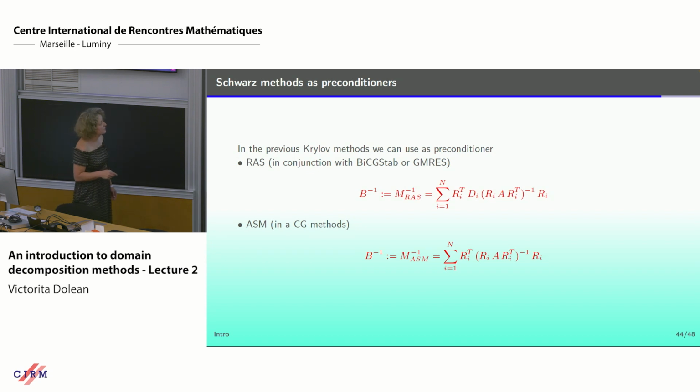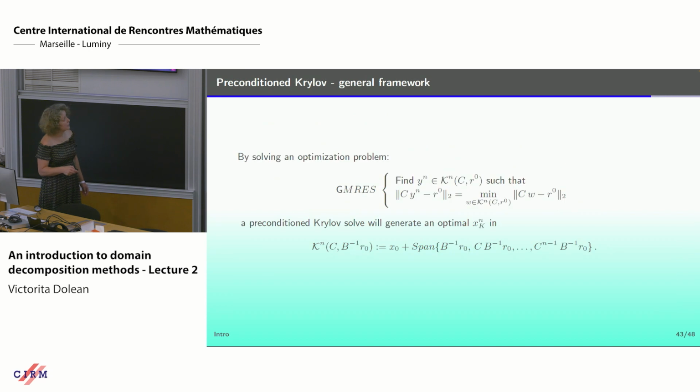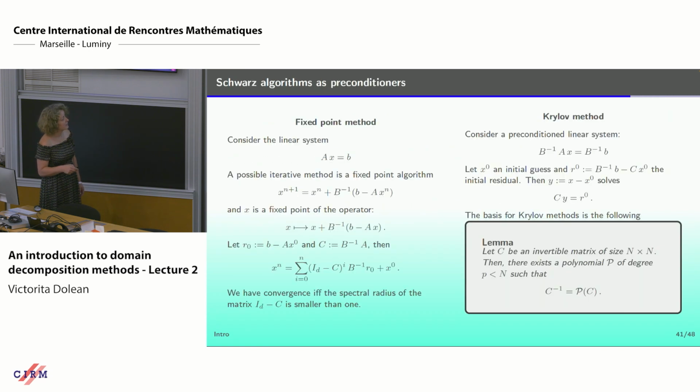So now, if I go back one second, I try to go slowly. If you look at this fixed point method, what does it remind you? I don't know if I'm allowed to ask questions to see if you understood. If you just replace x by u, this is in fact my Schwarz iteration.